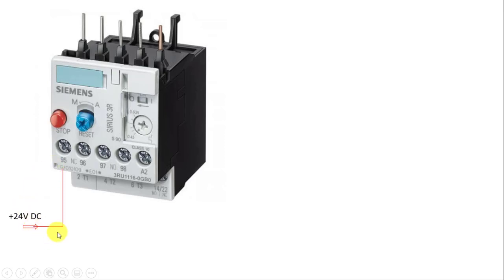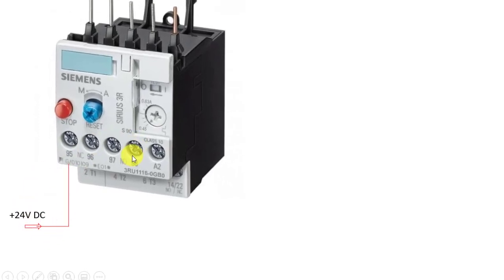So to wire the control section to the PLC, you need a 24 volt supply to the 95 terminal point of the auxiliary contacts, and then from the 96 terminal you will get 24 volts.